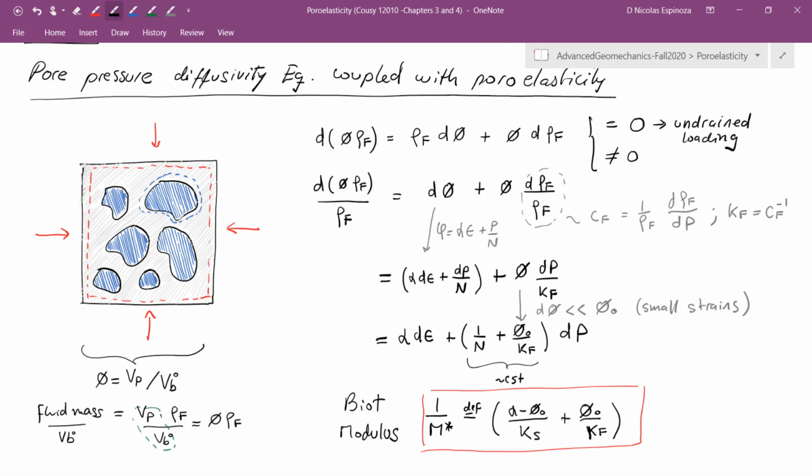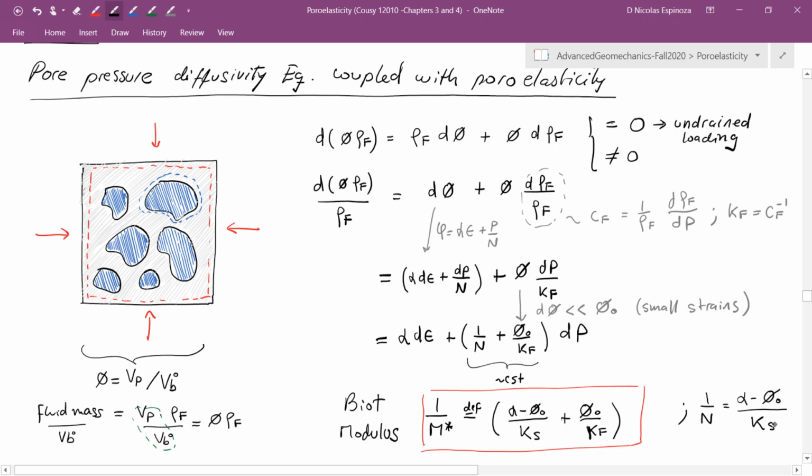Okay, let me see if I forget anything from here. And I don't think so. Just let me clarify here that we have defined before that 1 over n is equal to this equation. We found this in a few lectures before. Well, no, actually this was by proof, not by definition. 1 over n, Ks.